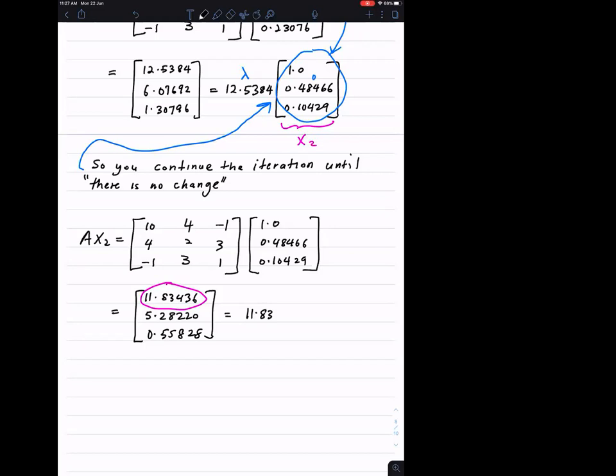I think there's a typo error here. This is okay. 83436. So if I were you, I will do this by hand, and then maybe I'll do by MATLAB and then check it with hand. So you will get the correct answer when you submit.